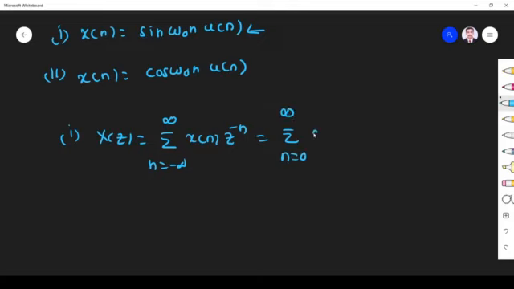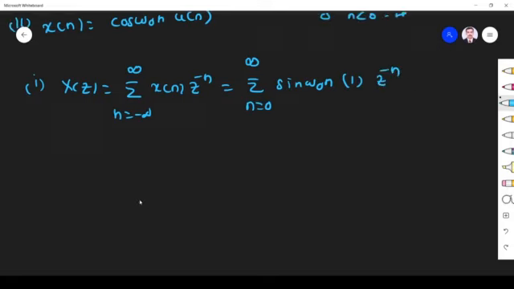X of n is sine omega naught n. For positive n, u of n is equal to 1, because u of n is equal to 1 for n greater than or equal to 0. That is n positive, 0 to infinity. It is 0 when n is less than 0. That is for negative n, u of n is 0. So for positive n, u of n is 1.